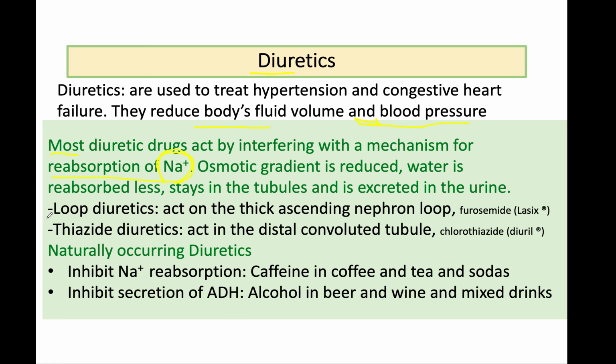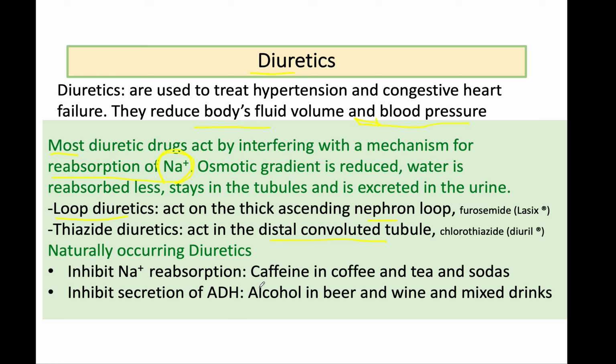There are two kinds of diuretics. One of them is the loop diuretics, whose action is at the thick ascending part of the nephron loop, and there are the thiazide diuretics, whose action is at the distal convoluted tubule. There are natural diuretics too.